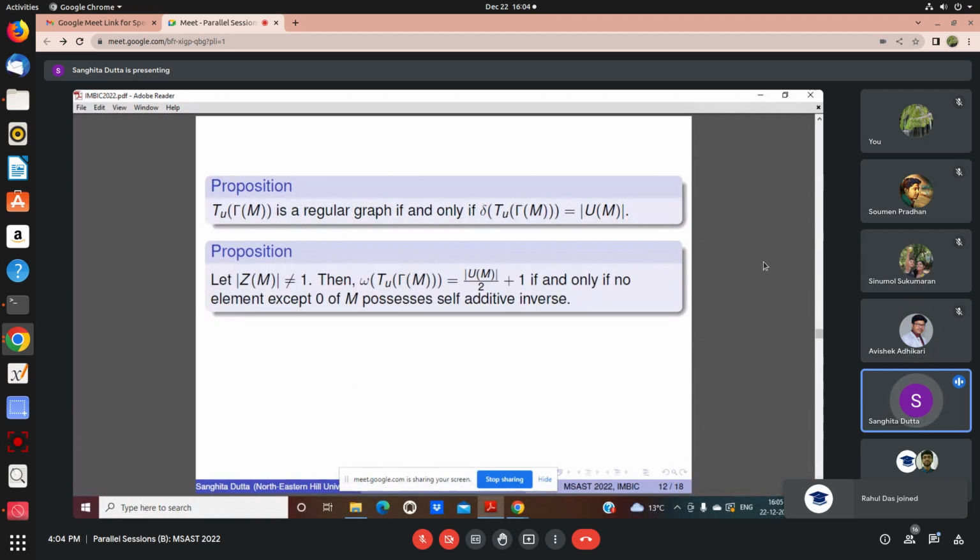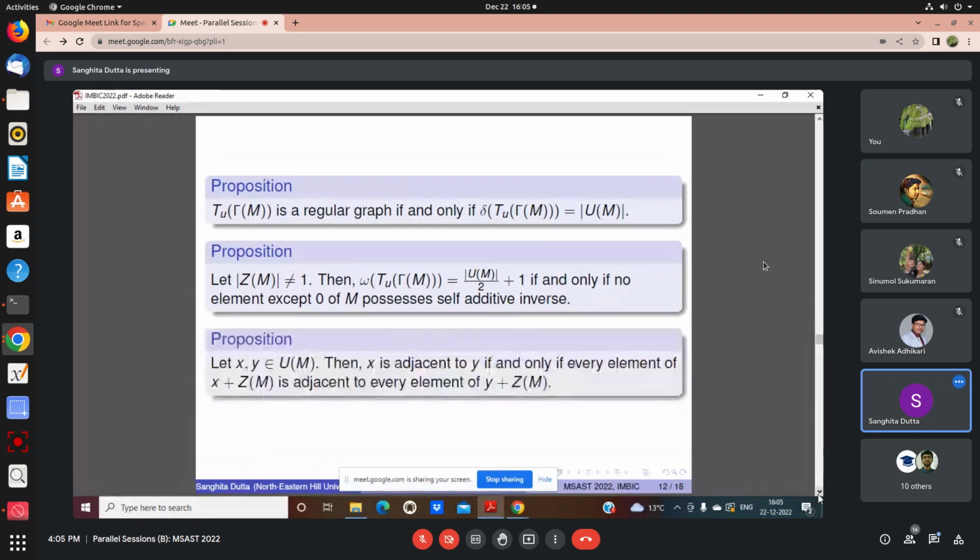If the cardinality of Zm is not equal to 1, then the clique number of this graph is given by the cardinality of Um by 2 plus 1 if and only if no nonzero element of M possesses a self-additive inverse. Let x and y belong to Um, then x is adjacent to y if and only if every element of x plus Zm is adjacent to every element of y plus Zm.